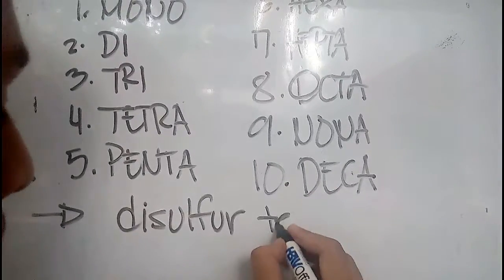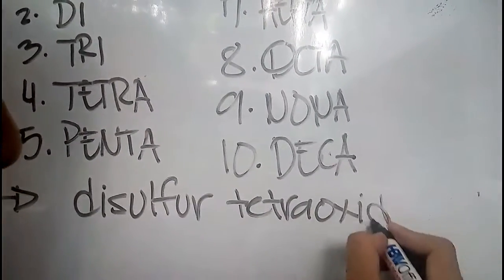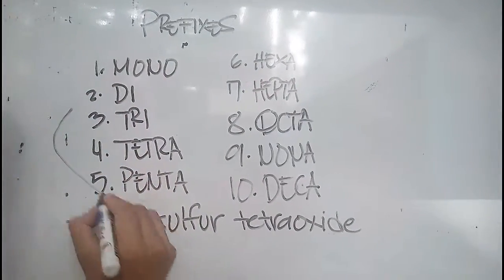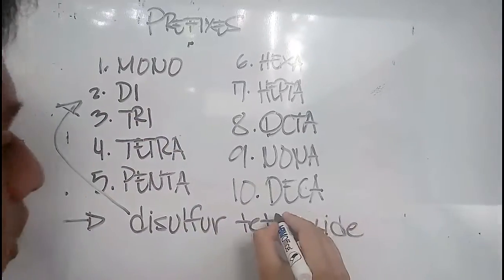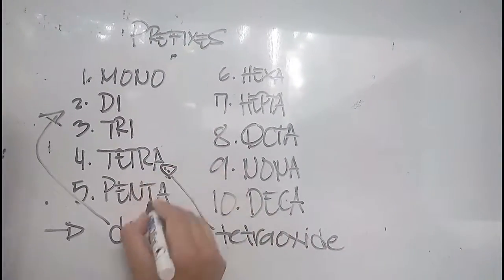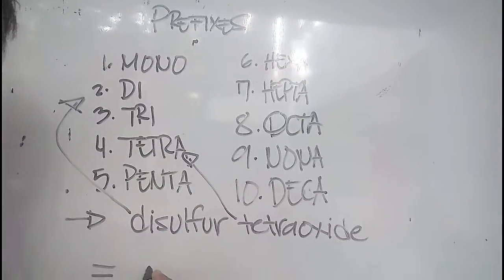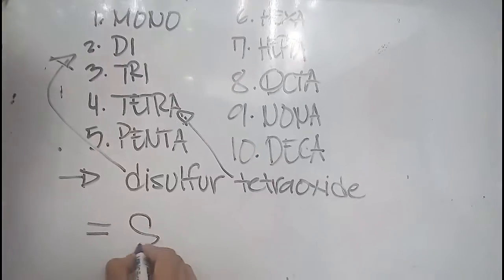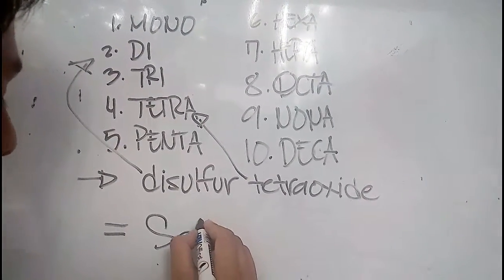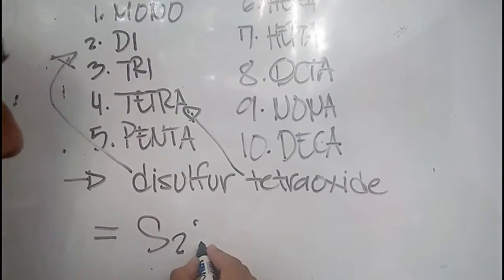Such as disulfur tetraoxide. It chose di as the prefix because there are two atoms of sulfur, while for the second element, it chose tetra, meaning four atoms of oxygen.